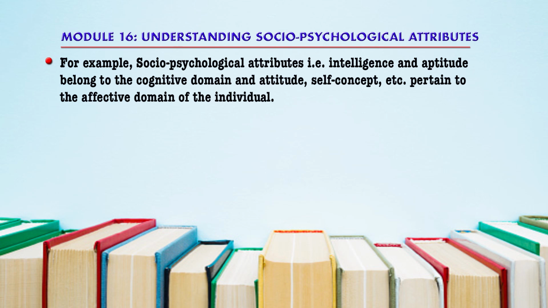For example, I have already discussed, I am again highlighting it. For example, socio-psychological attributes like intelligence and aptitude belong to the cognitive domain, and attitude, self-concept, etc. pertain to the affective domain, and when you are involved in developing the motor skills, that comes under the psychomotor domain.